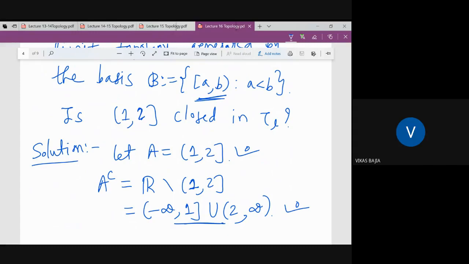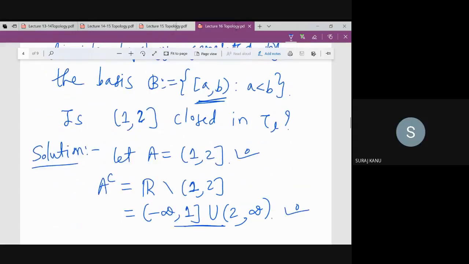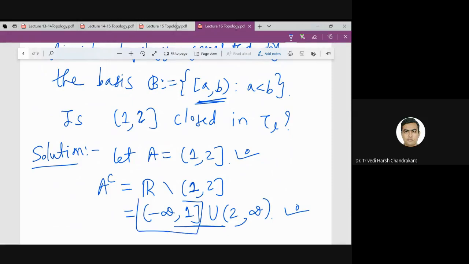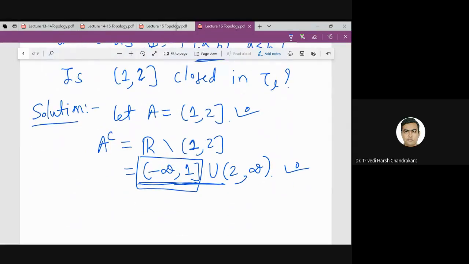Sir, I checked for the closed interval, closed 1 comma 2. Okay, so we can take a sequence, then it will converge to minus infinity and 1. Let us go one by one. Whether this set is open or not. It's not open, but we can make it open by taking 1 plus 1 by n.